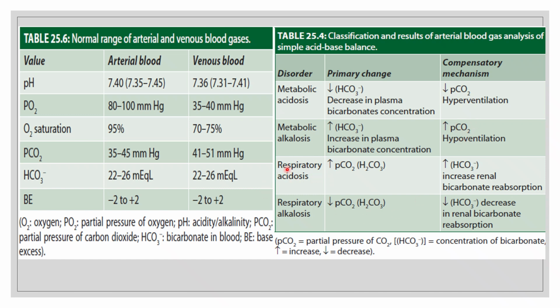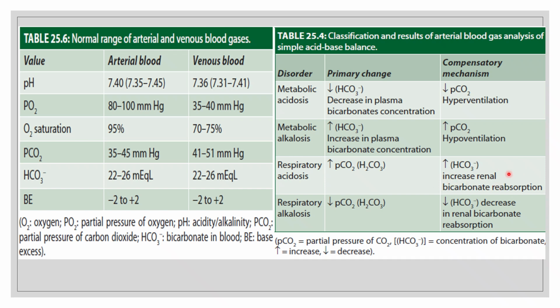Third is respiratory acidosis. Both these respiratory conditions are concerned with the deviation of partial pressure of carbon dioxide or carbonic acid. In respiratory acidosis, there is an increase in the partial pressure of carbon dioxide, and compensation is through renal mechanism.